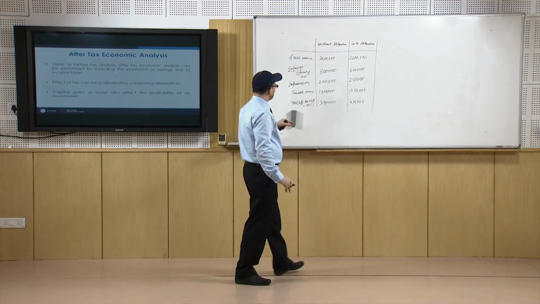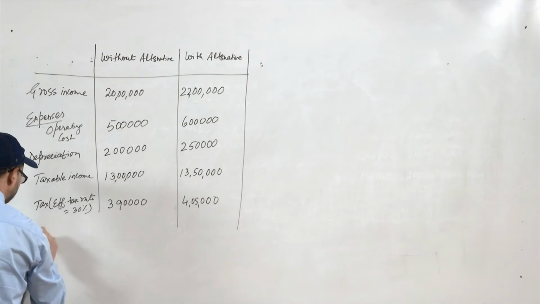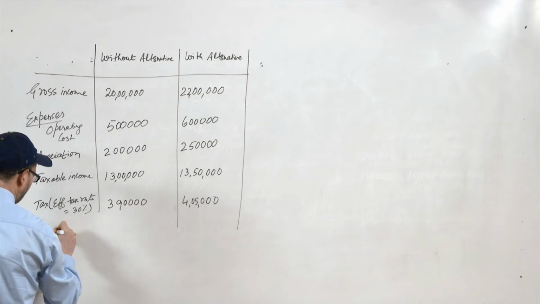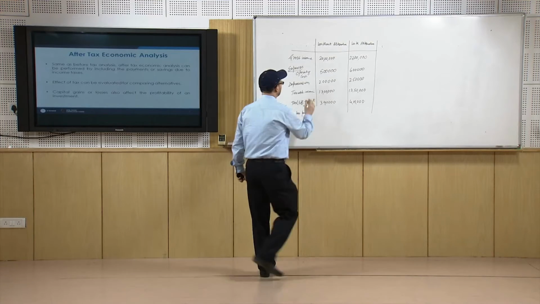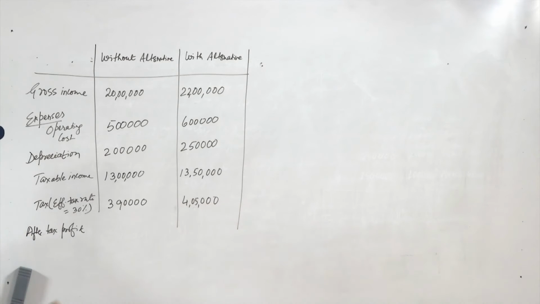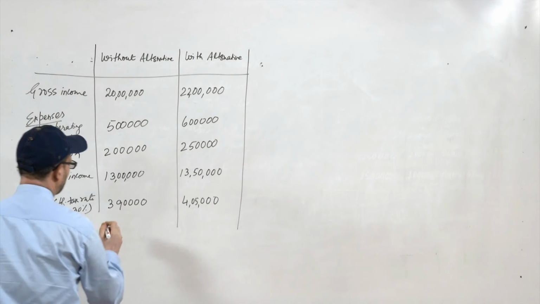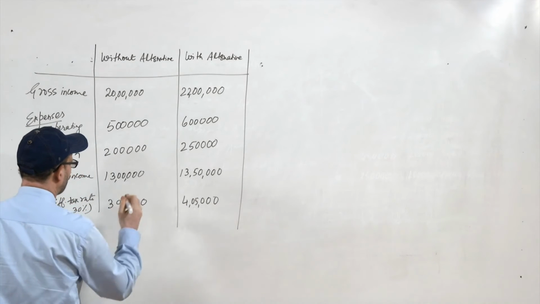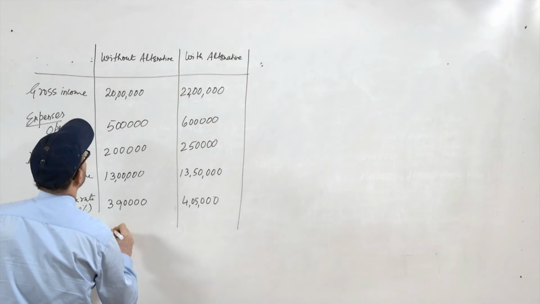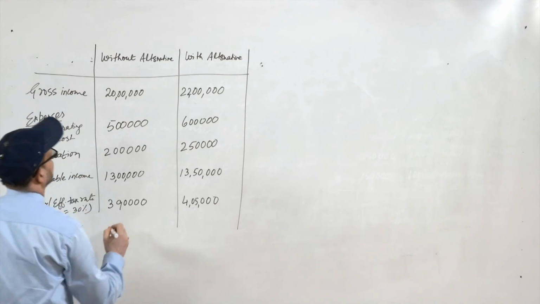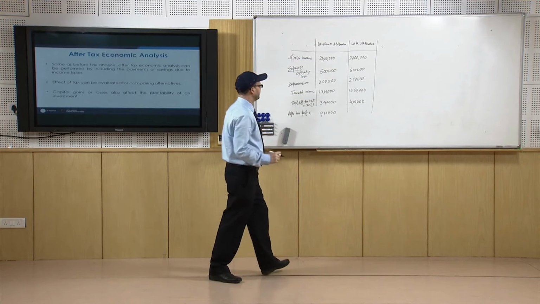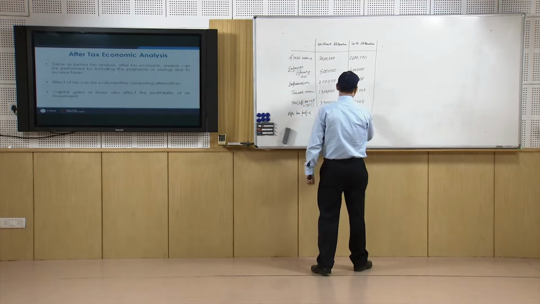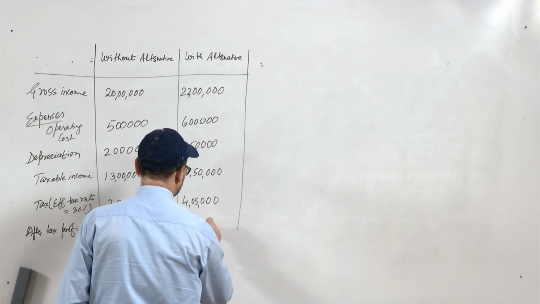If we compute the after tax profit, the taxable income is 13 lakh and tax is 3,90,000. So, after tax profit is coming out to be 9,10,000 and in this case it is 9,45,000.